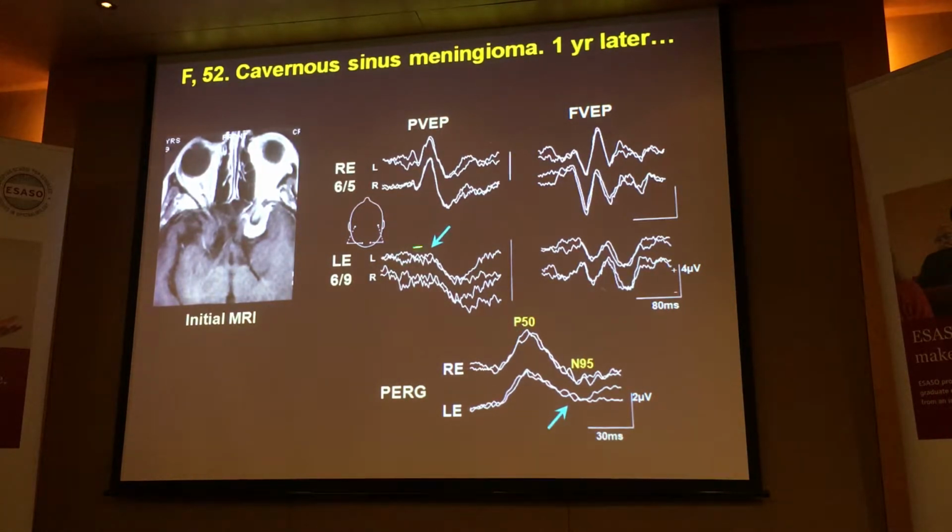One year later, pattern VEP changes occurred, and one year later there was loss in the pattern ERG. But all this was picked up because of a flash VEP. Old-fashioned, yes. Clinically useful, maybe 10% of the time, but in those 10%, I would want to be one of those 10% of patients.